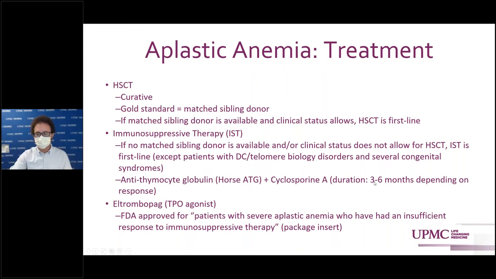So that's why I say a duration of about 3 to 6 months, depending on the response. And then there's been more and more data on this medication called eltrombopag, which is initially known as a platelet boosting agent, but has also shown improvement in some patients with severe aplastic anemia, so we consider it as an option moving forward.